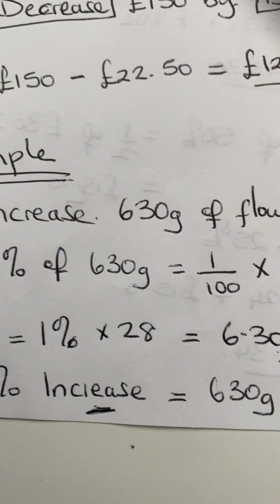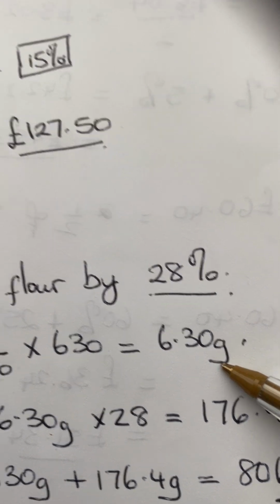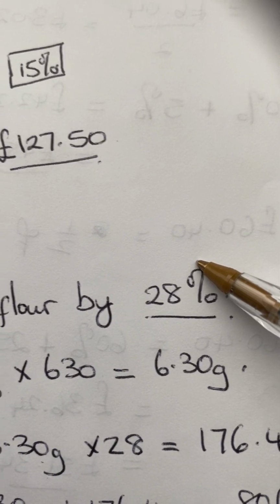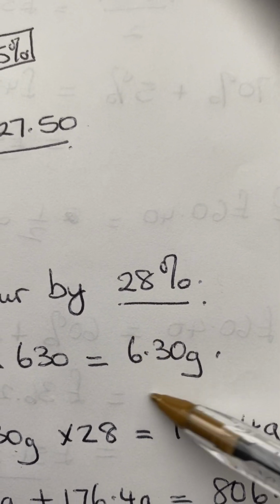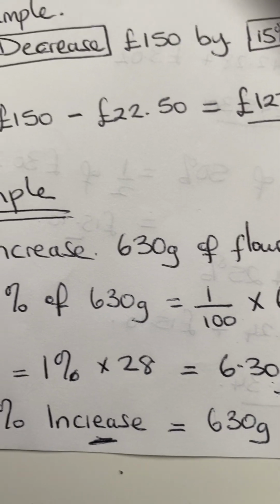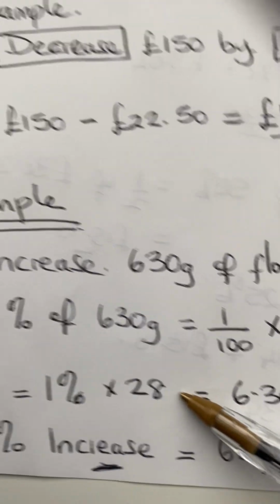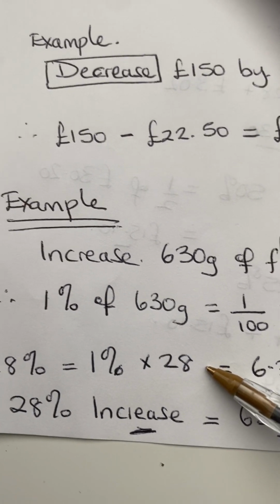Now this is 1%. You want 28%, so you times 1% times 28. So 1% times 28 will give you the 28% you require.